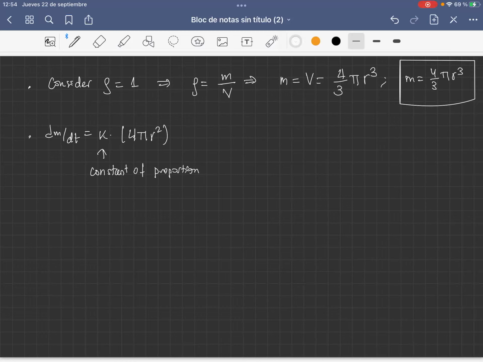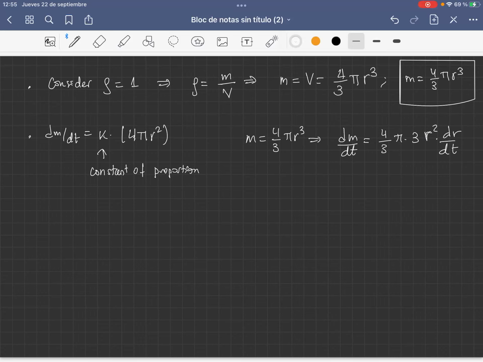So if we combine these two, we have in mind that our mass on one hand is this, then if we derive the mass with respect to time, it's going to give us the change of the radius with respect to time. And these two obviously have to be the same.